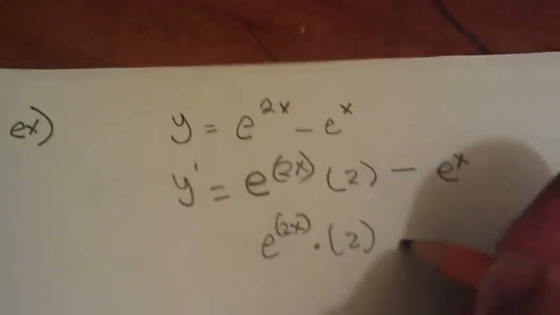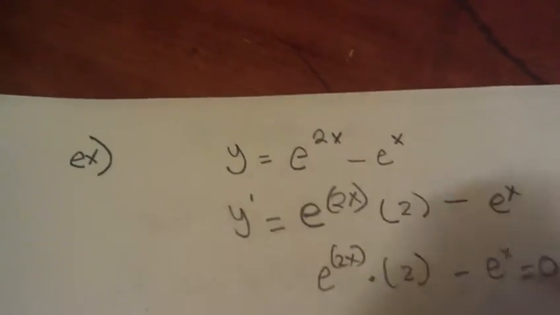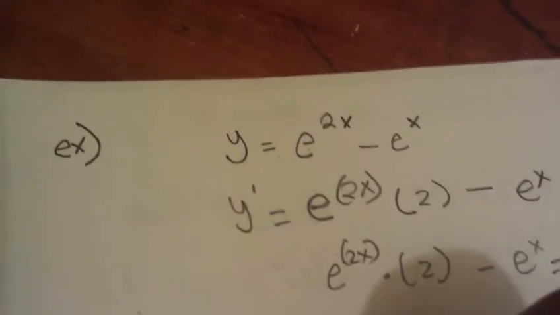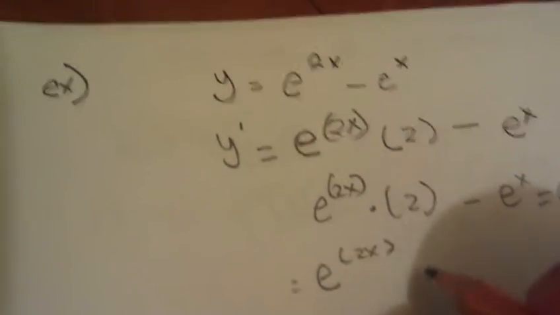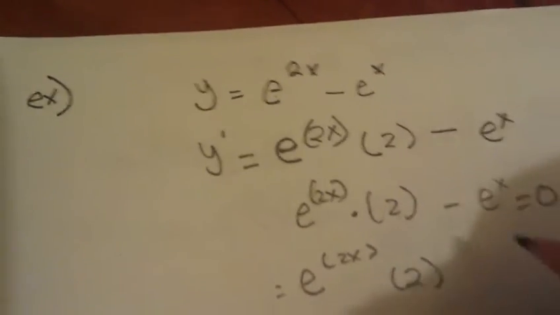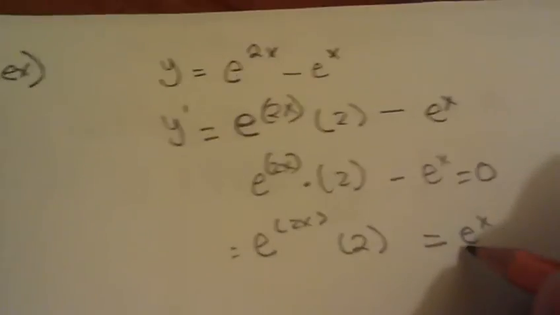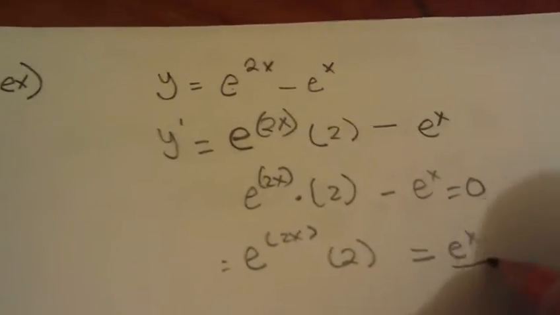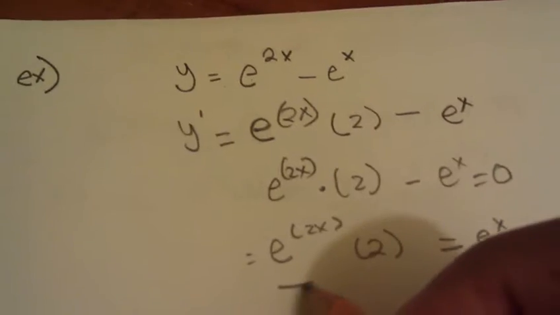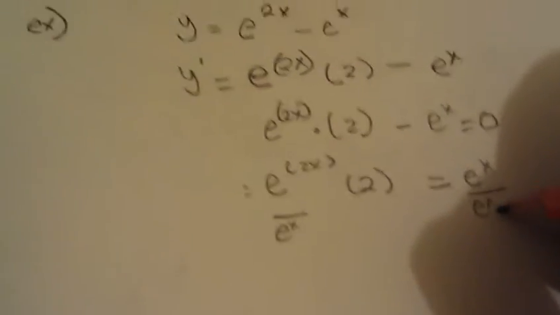So I guess I'll do it. We equal it to 0, and then what we have here is e to the 2x times 2 equals e to the x. So we can actually now divide both sides by e to the x, and e to the x divided by itself is just 1.